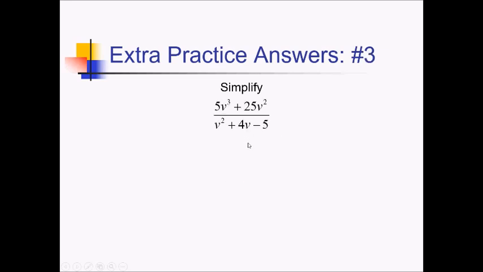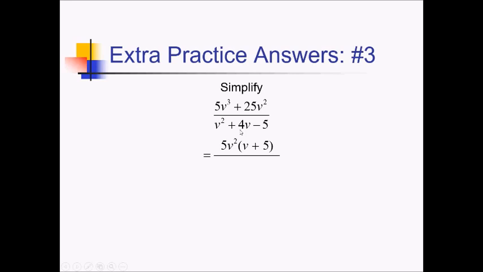To make any progress on this problem, we're going to have to start by factoring. So let me take a look in my numerator here, see what I can factor out of this one. It looks like I can take out a 5 and a v squared. So that's going to leave me with a v plus 5. And now in the denominator, I could probably factor that a little bit more. So I need factors of negative 5 that add up to 4.